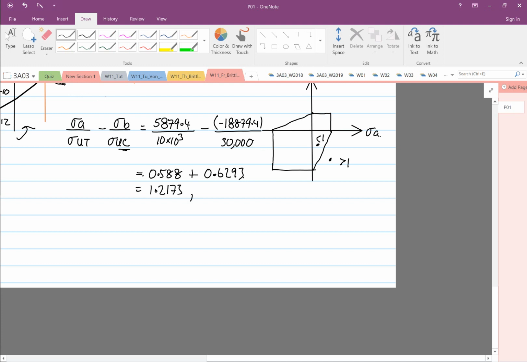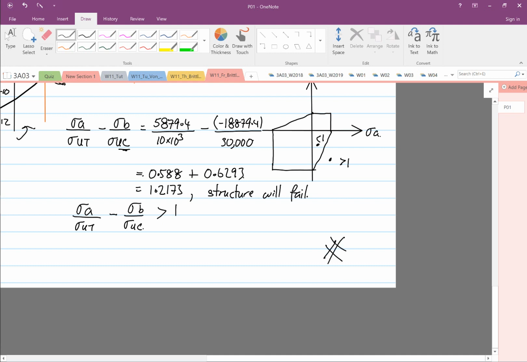Unfortunately, in this case, the structure will fail, because stress A over ultimate tensile, minus stress B over ultimate compression, is greater than 1. So that's why the structure will fail.